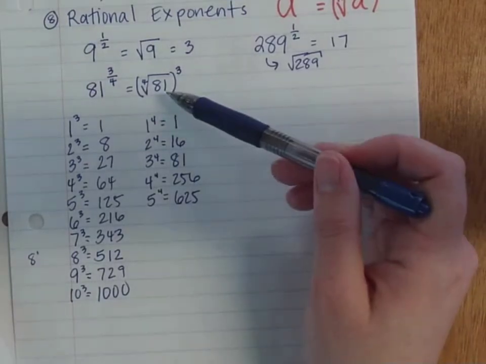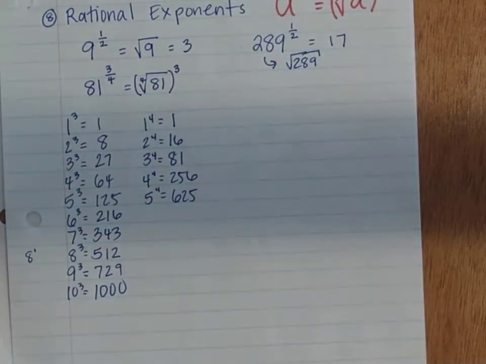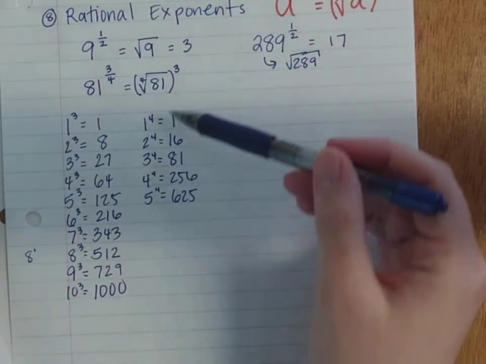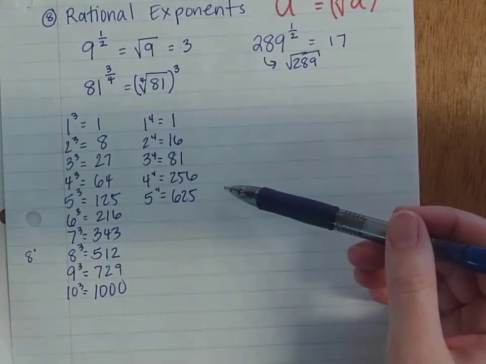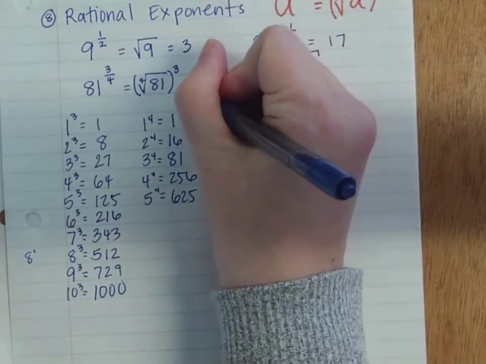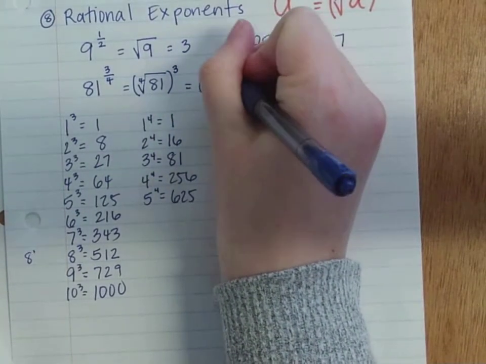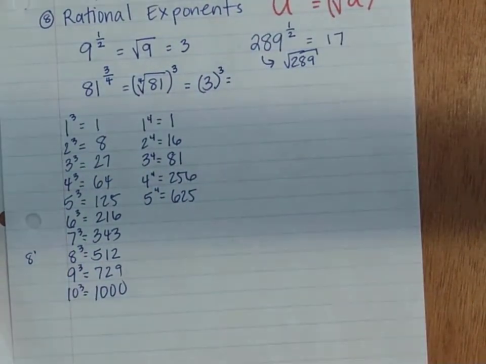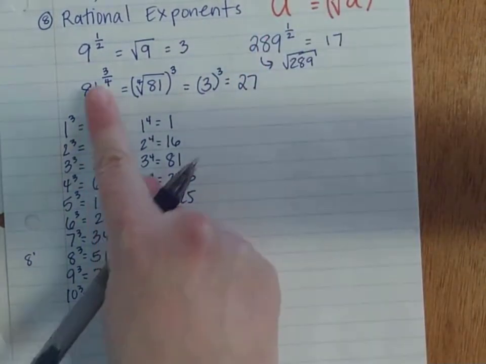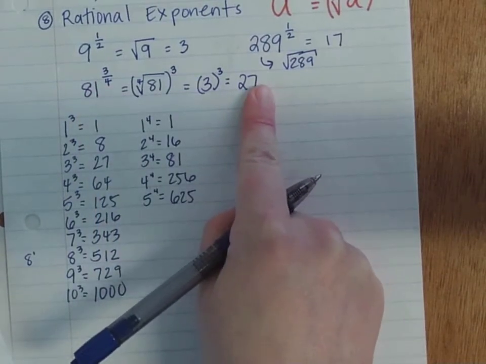So as the root gets bigger, the number that you're looking for is going to be smaller. Because 81 doesn't take much to get to when you're talking about powers. So the 4th root of 81 is 3. And what is 3 to the power of 3? 27. So 81 to the power of 3/4 is equivalent to 27.